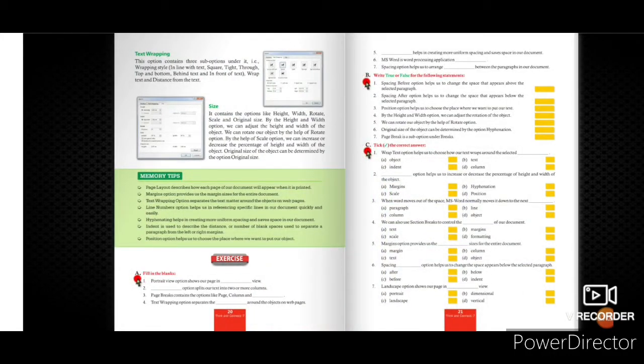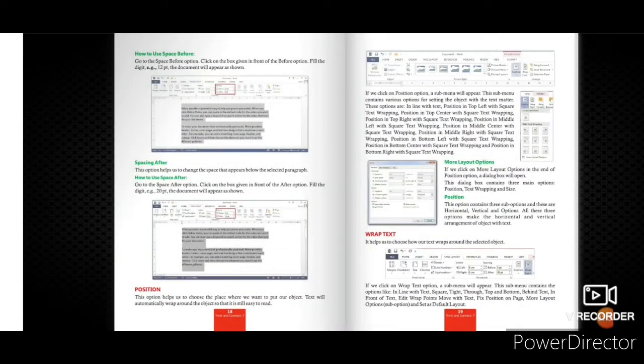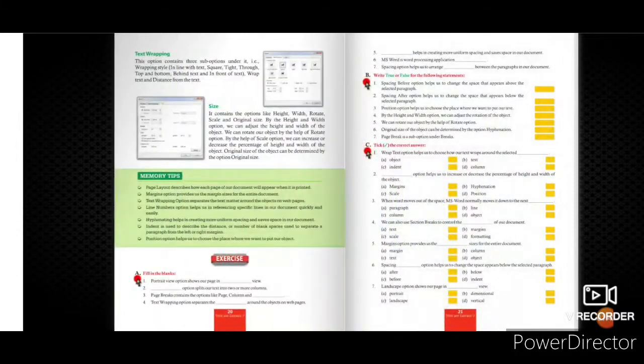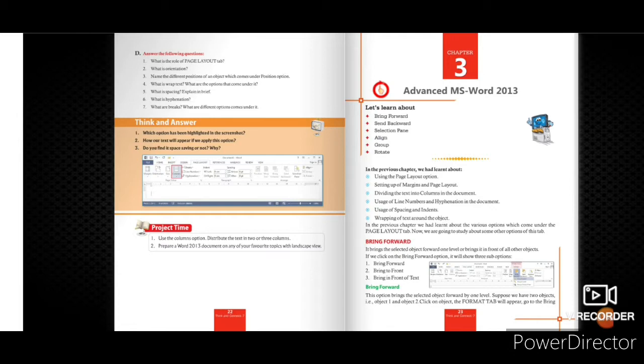Okay, all these points you will write as the answer. Again, I'm explaining: first you will write the position, then more layout position, then wrap text and text wrapping and size, as the answer of question number third.